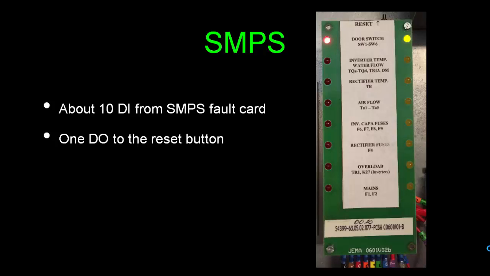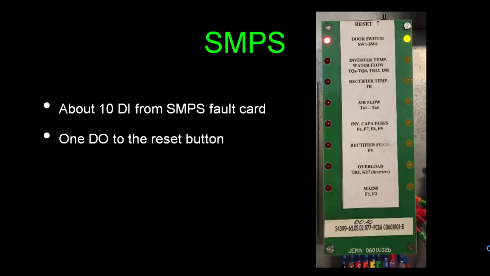So for the SMPS, what we need for that basically is about 10 digital inputs. And we can figure a way to do this directly off the diode sense circuit. So when the diode is on, we can just use a voltage divider to make sure we're in the right range. When a diode comes on, it will trigger a digital input on the Raspberry Pi.